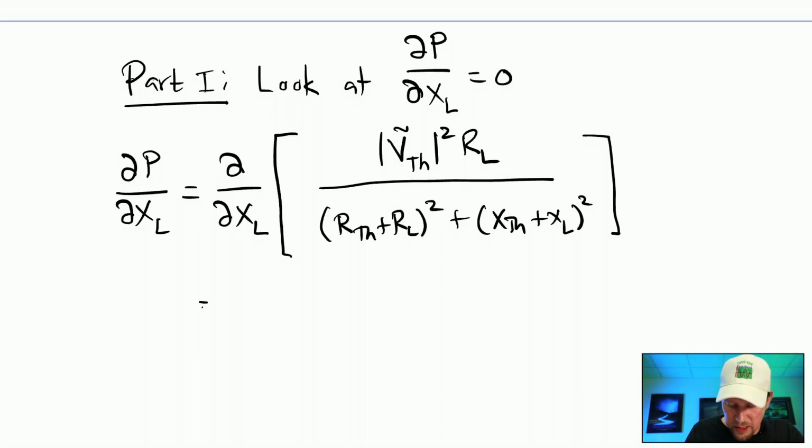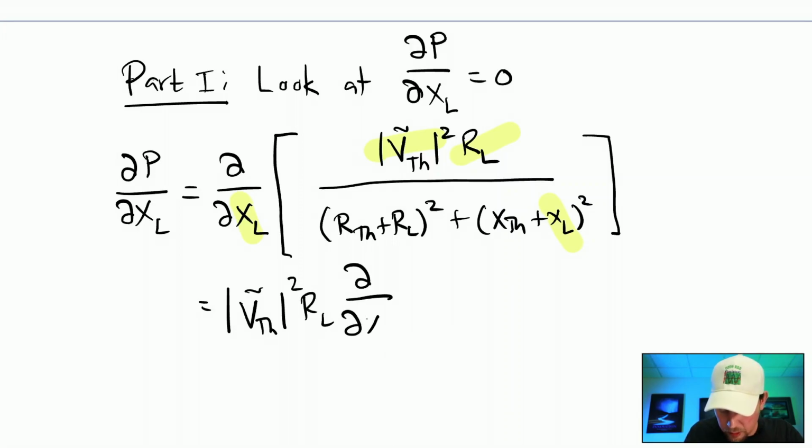Notice that this partial derivative is not going to affect this and this because they're constant. Again, the only time this variable appears is right there. So for simplicity I can pull this part completely out of the partial derivative. And then I'm going to take the partial derivative of, let me rewrite it in this way.